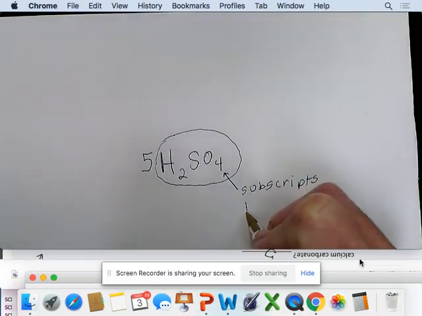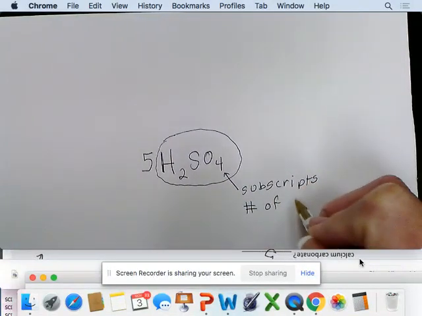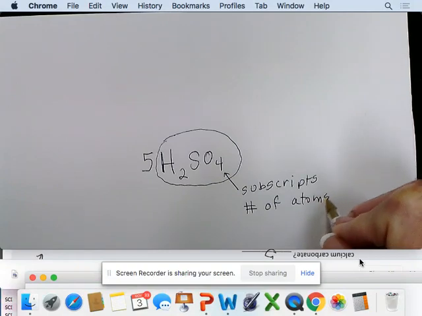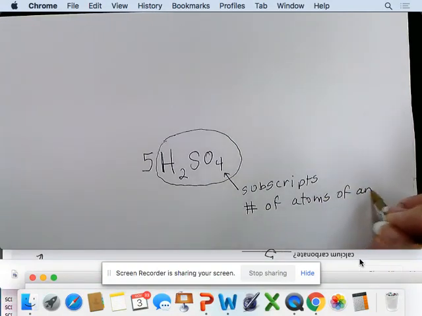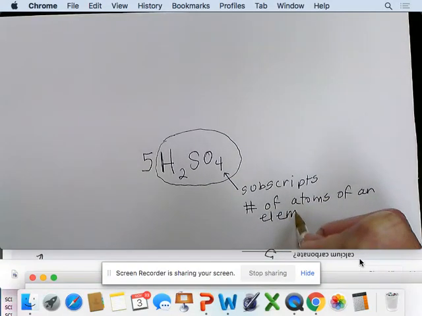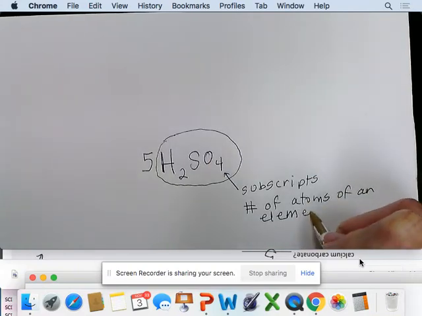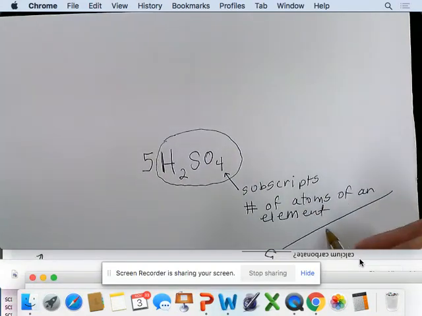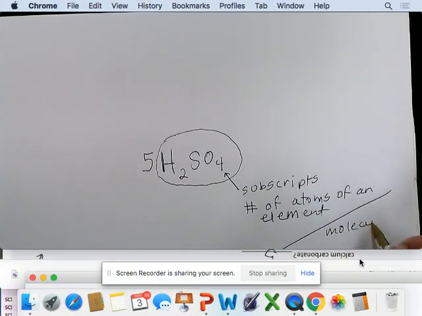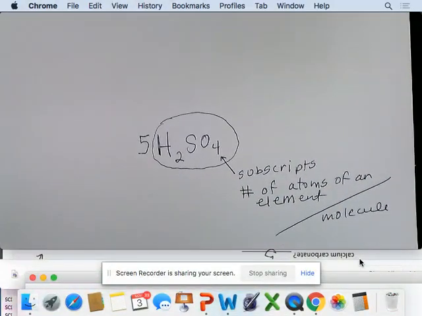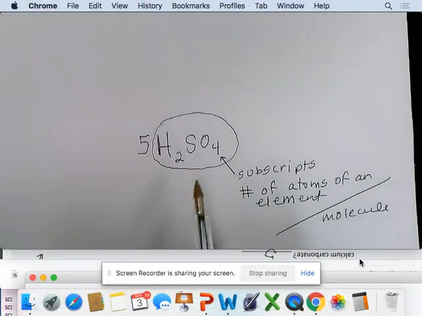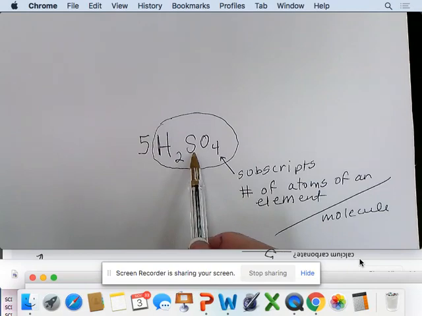And they indicate the number of atoms of an element, such as oxygen, per molecule of that element. Okay? If there is no number next to the chemical symbol, then you assume that's 1.